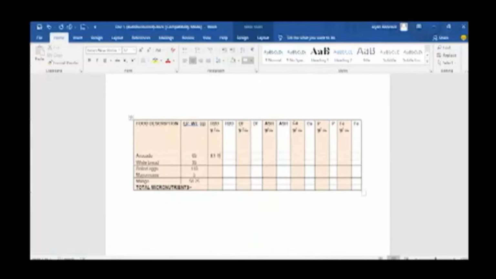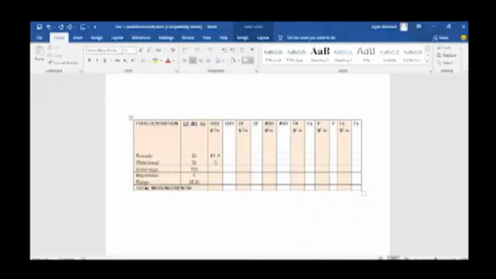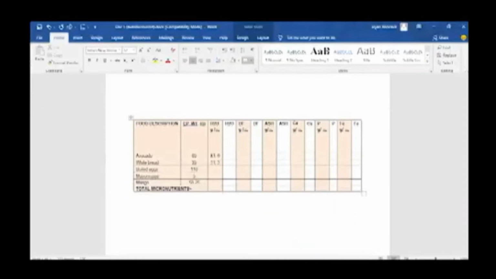83.9, white bread 23.2, boiled eggs 72.4, mayonnaise 17.7, and mango 77.4.